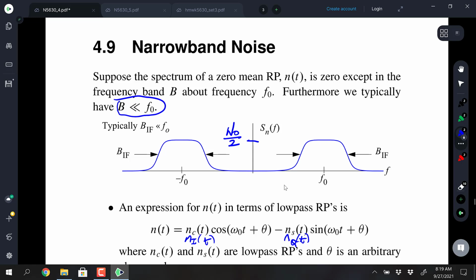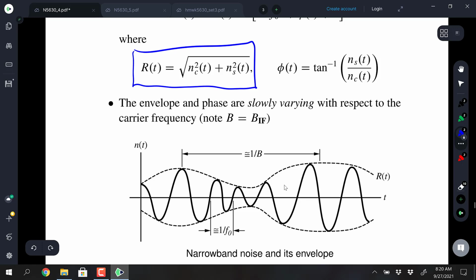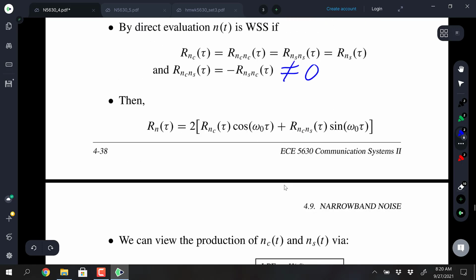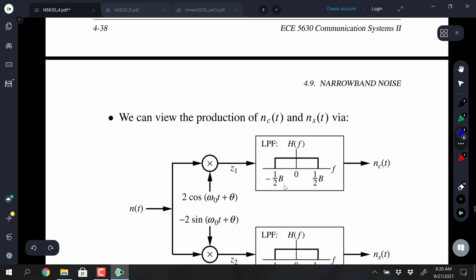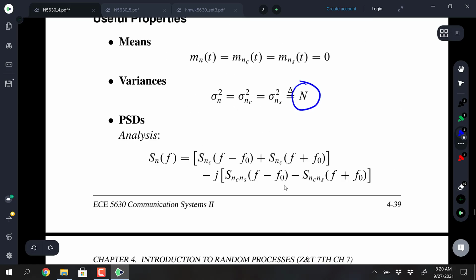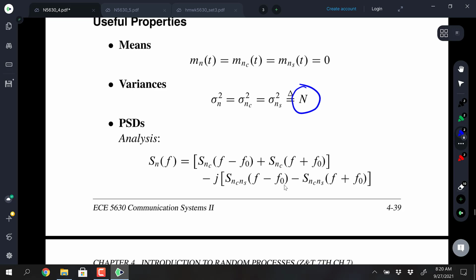Remember, variance has units of watts. You have to just keep thinking that way. Spectral density has units of watts per hertz, so this N naught over 2 is in units of watts per hertz, right? But then over a bandwidth, it's like putting a rectangle on there and integrating it, and we have 2 of them in this case, so that's where the 2 is coming from. So the in-phase and quadrature terms have the same N, or same power.